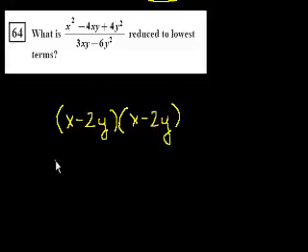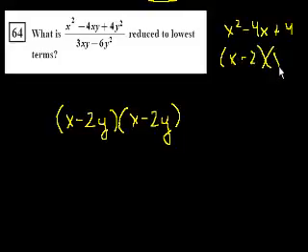The intuition is, if I had x squared minus 4x plus 4, you'd say, what two numbers multiply to 4 and add to minus 4? Minus 2 and minus 2, so x minus 2 and x minus 2. The only difference is they put y's here.